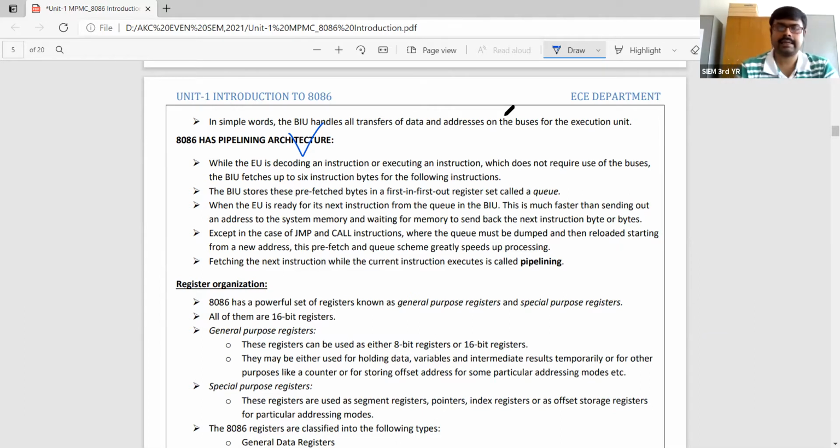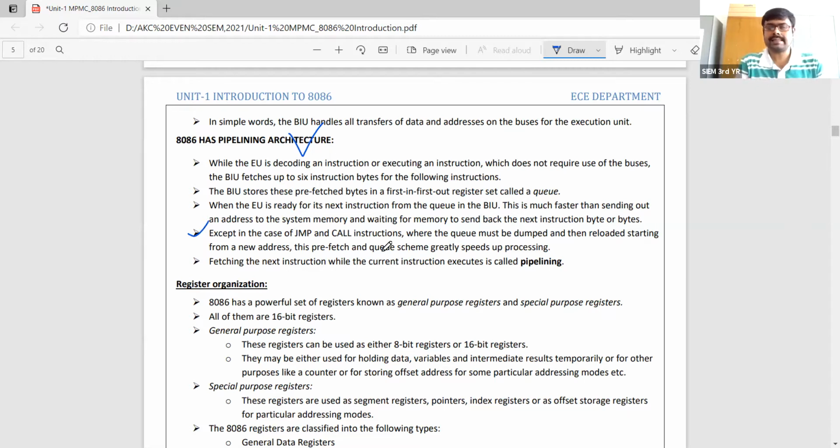Main memory access is time-consuming. So for a small or repetitive instruction set, we generally avoid accessing the main memory each and every time. Next point, except in the case of JMP and CALL.